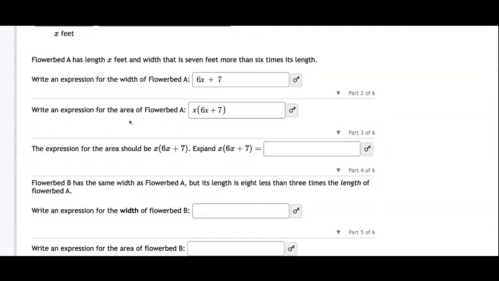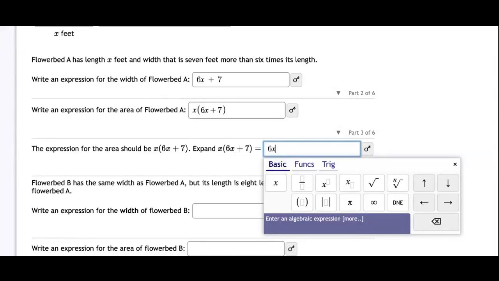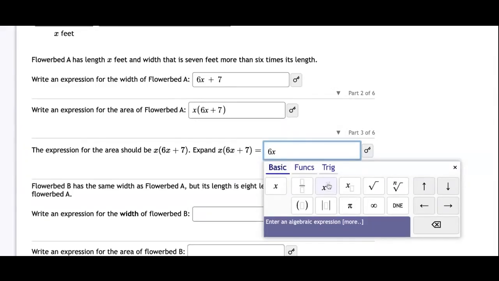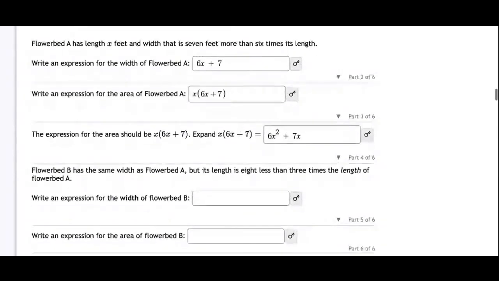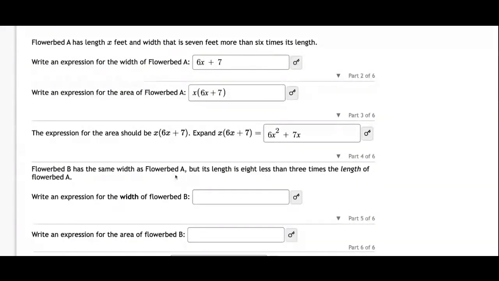Write an expression for the area of flower bed A. x times 6x, that's 6x squared, then plus 7x.